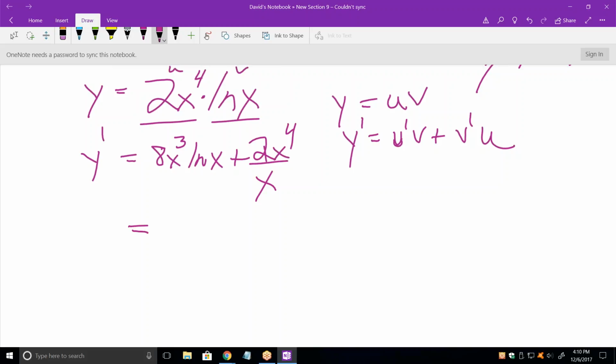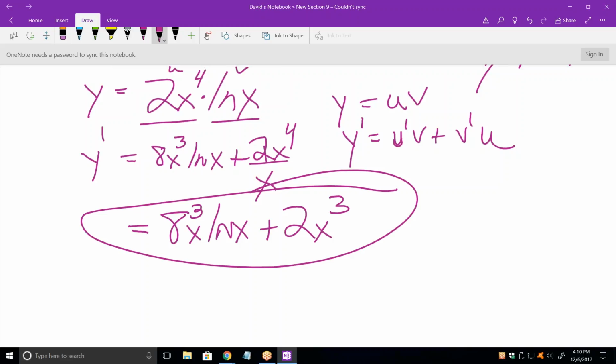So this does simplify a little bit. And you could factor out a 2x to the third if you so wished, but I don't know that it's necessary. I don't factor stuff out unless it leads to a simplification. Factoring this out does not lead to a simplification. It just leads to this.